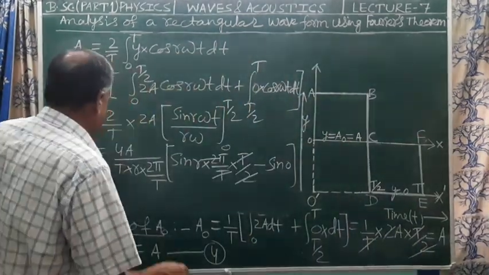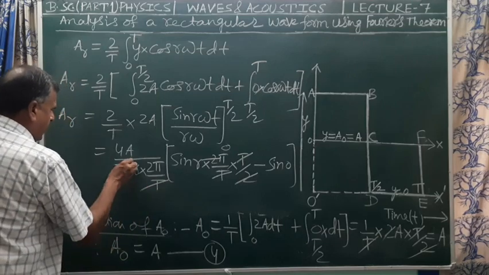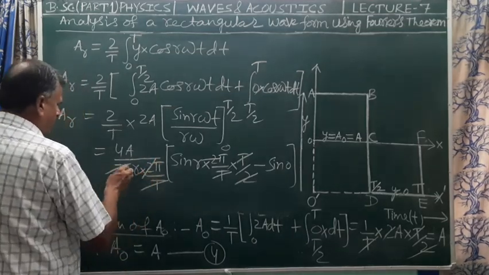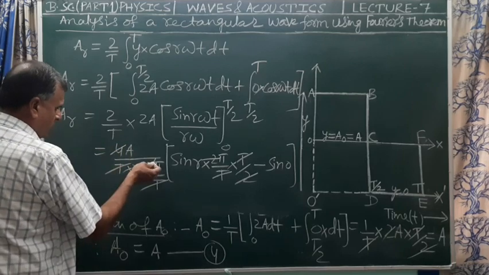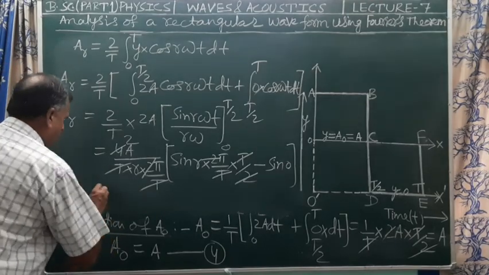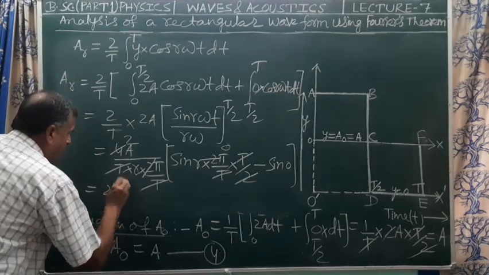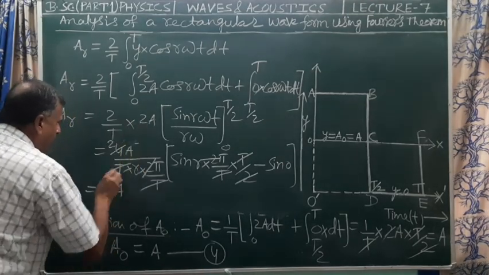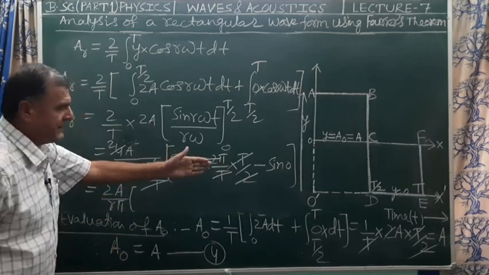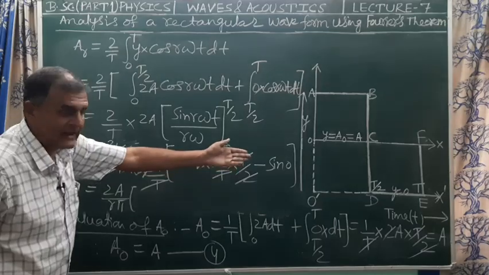And outside the bracket, capital T and capital T will cancel out, and 4 will cancel out from 2. So in the numerator we have 2a, giving 2a upon r pi, and inside the bracket sin r pi, which is equal to 0, and sin 0 is also 0.